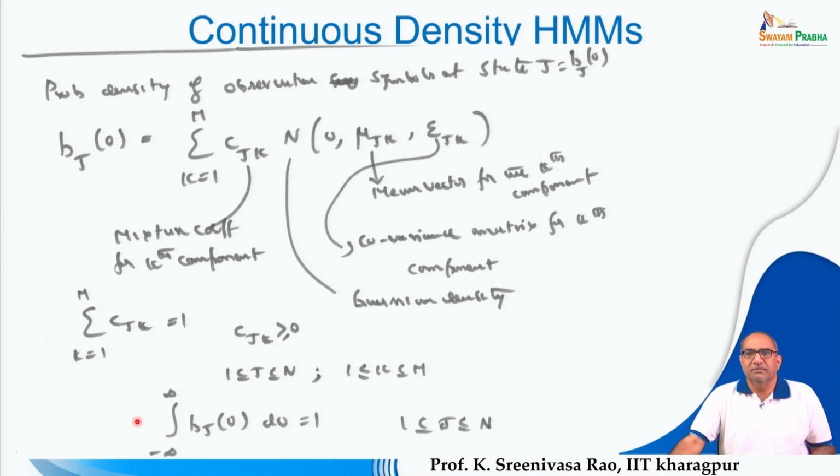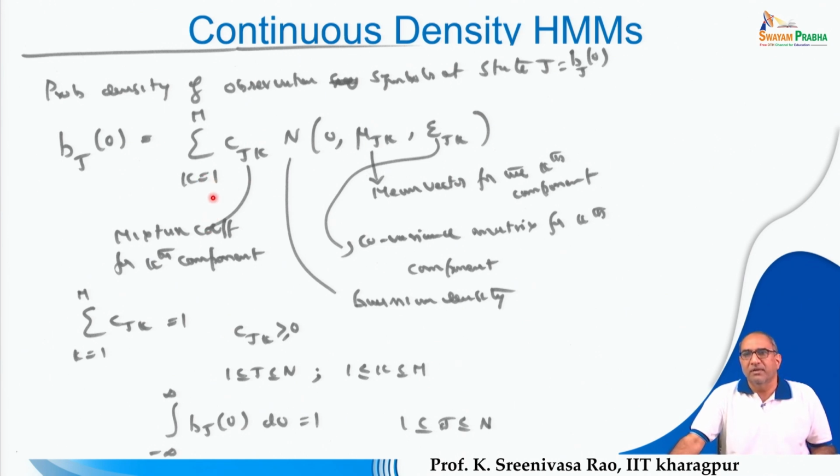In this case the methodology and overall perspective remain the same. The only difference is that the states are represented by continuous feature vectors. Earlier the states were represented by discrete probability distributions, whereas here, since we have continuous feature vectors, the states are represented by a probability density function, a continuous density function.